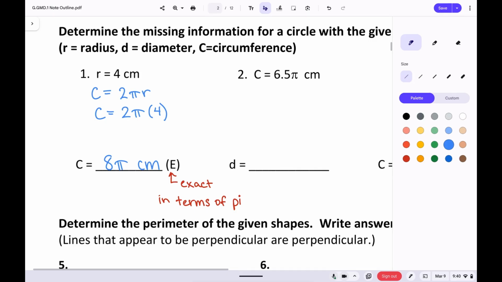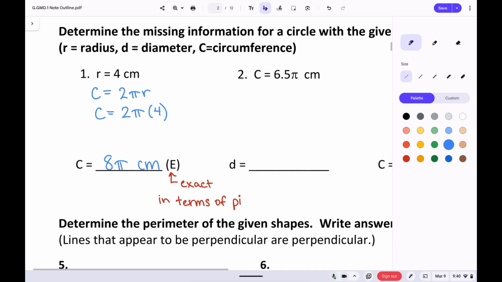If you have perimeter or you have circumference, the label is really nothing fancy. Okay, so we're just going to have centimeters attached. Make sure, though, guys, that we are labeling our answers. Labels are going to be really important in this unit. Don't forget your label. You'll miss points if you're not labeling stuff, especially on like your tests. So make sure that you're putting a label on your answers. That's the exact answer. 8 pi centimeters. We're going to leave it there. We're not going to multiply by pi.